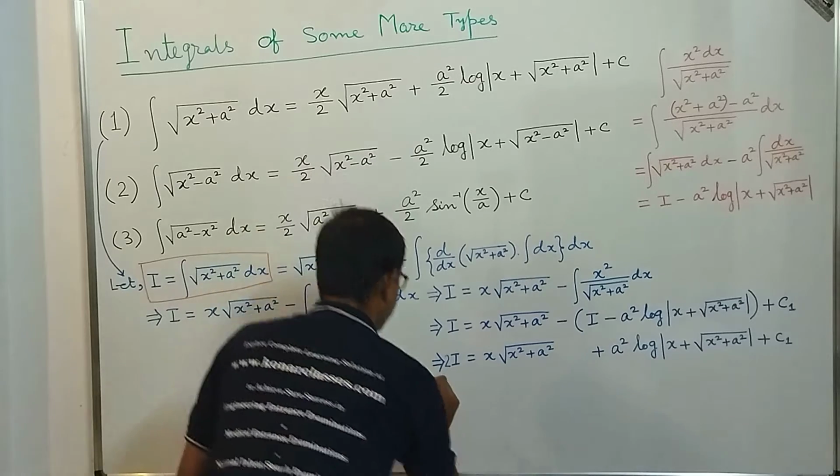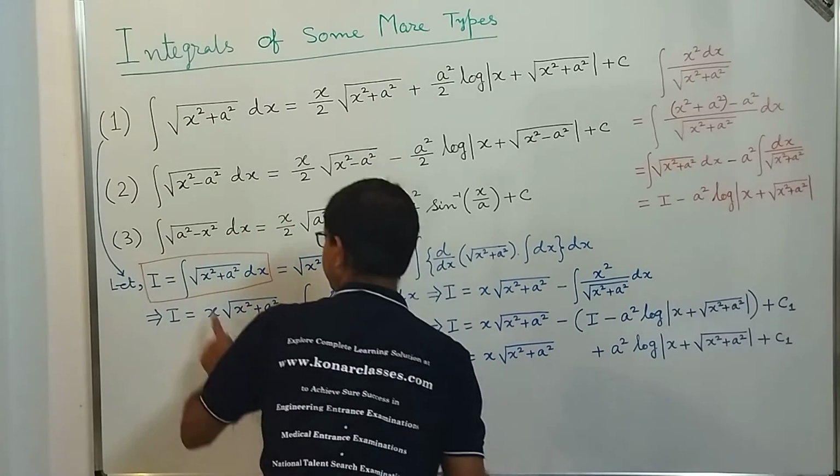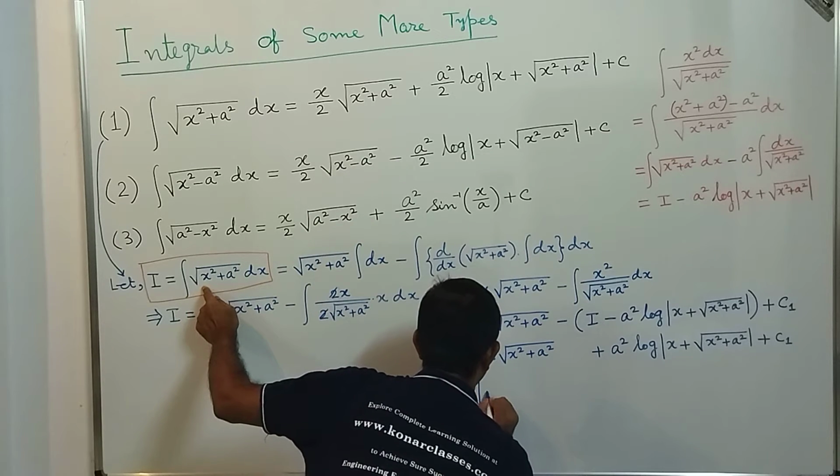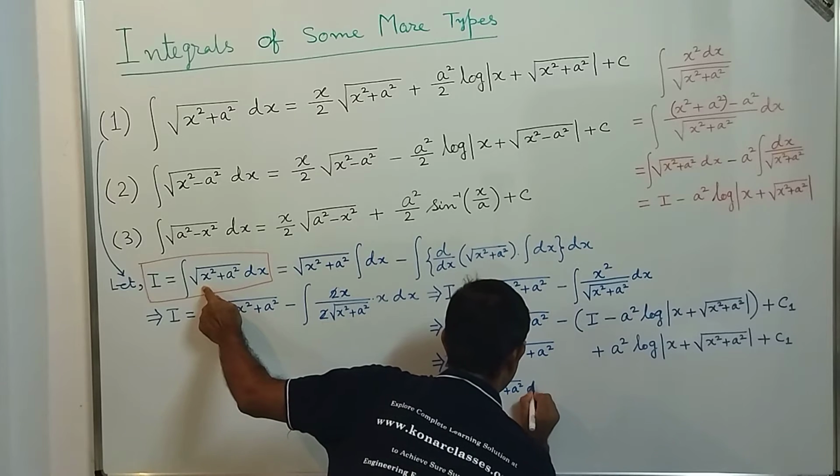So then from here what we get, I is nothing but the given integration, square root of x square plus a square dx.